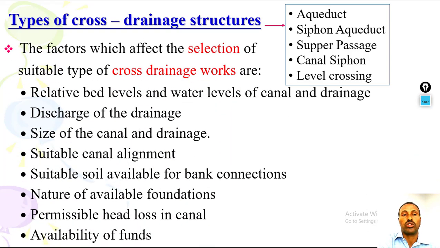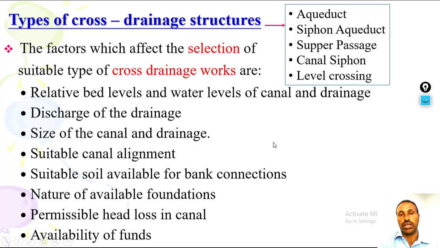So let's see, what are the factors which affect the selection of suitable type of CD works? The first one is relative bed levels and water levels of canal and the drainage. So you will compare the elevation of the bed level of canal and also the drainage, etc. Then you have discharge of the drainage. What is the discharge of the drainage? And the size of canal and drainage, and suitable canal alignment.